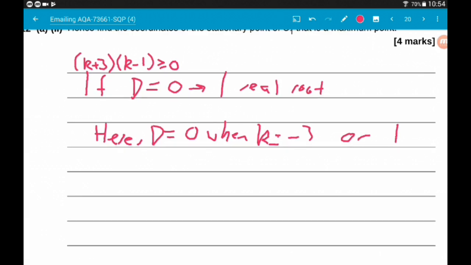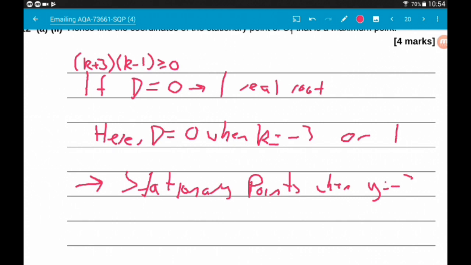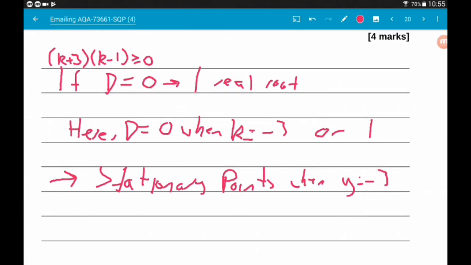So we can then say, therefore, there are stationary points when y is equal to minus 3 or y is equal to positive 1. So that's where our stationary points are.